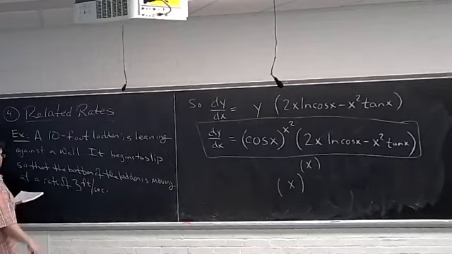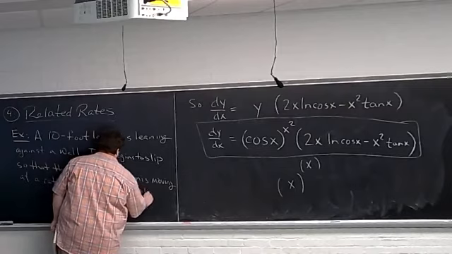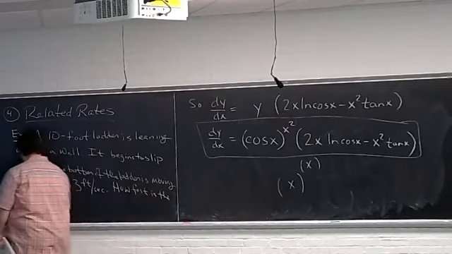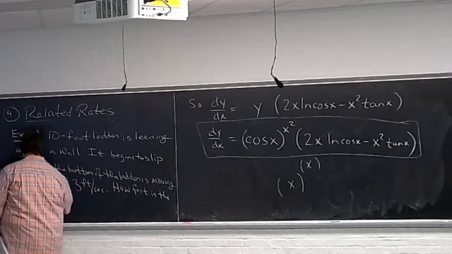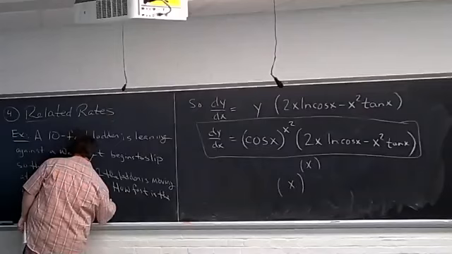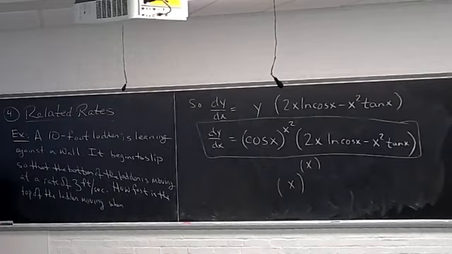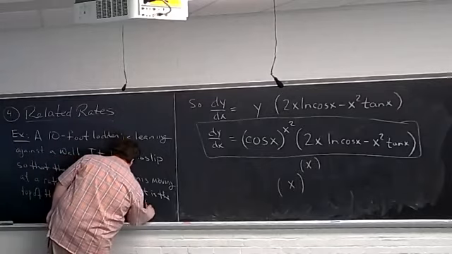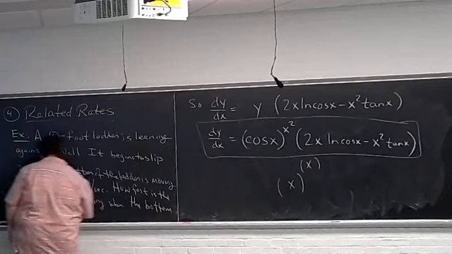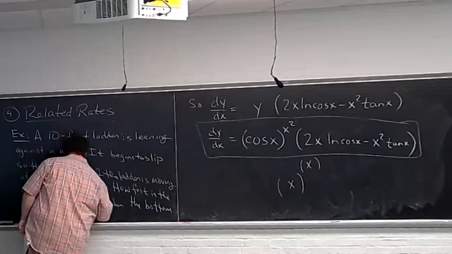The question will be, how fast is the top of the ladder moving when the bottom of the ladder is 6 feet from the wall?